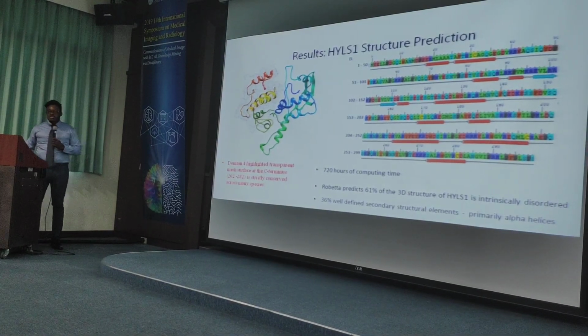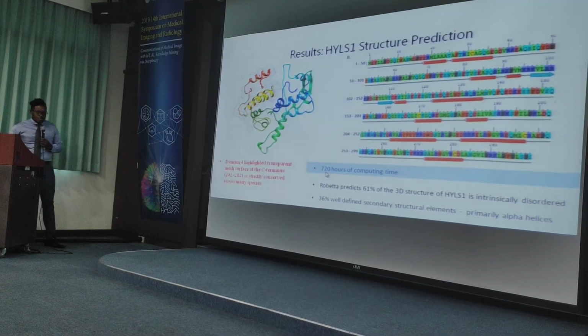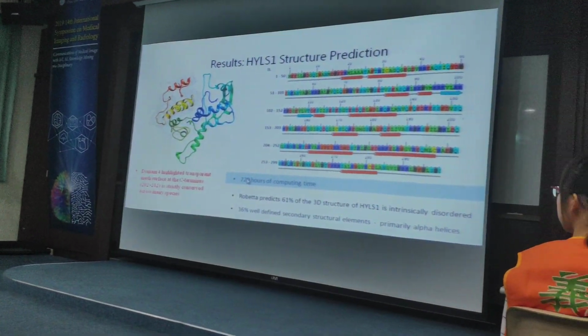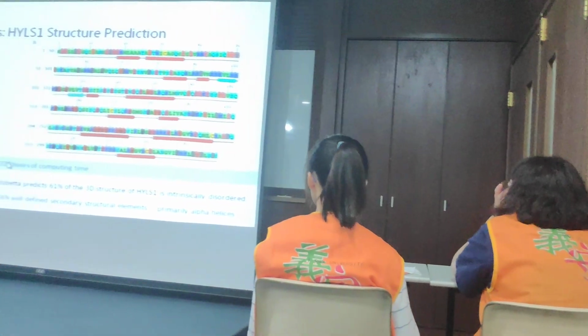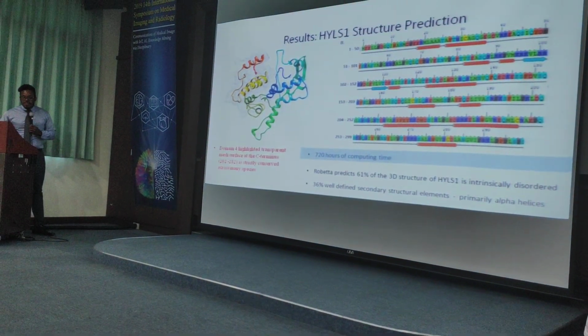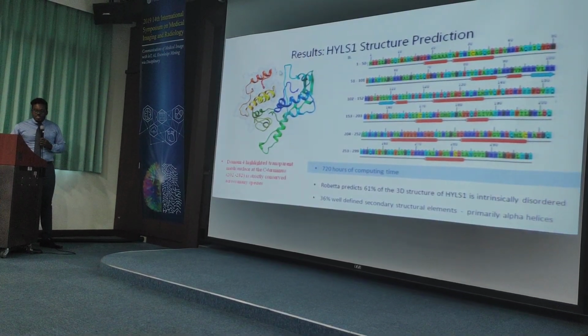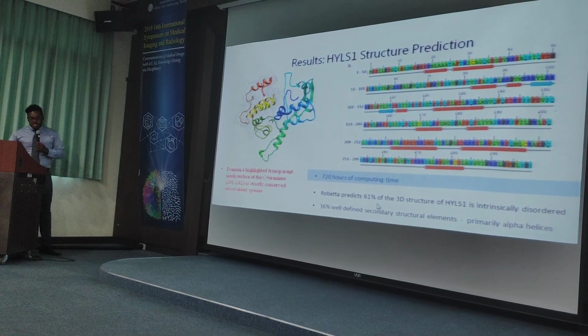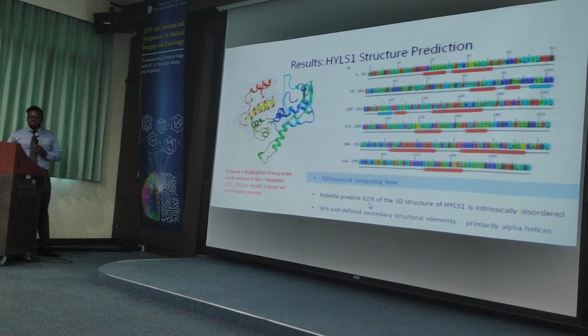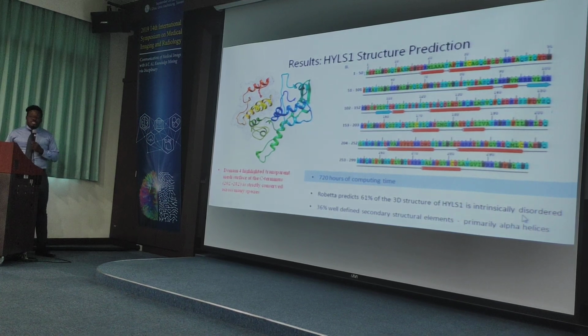So the results of this study, basically after 2 months of modeling, about almost a month and a half of computing, we ended up with this structure of HYLS on the left. What is interesting about this predictive model of HYLS is that the servers and computational methods predict that this protein has 61% intrinsic disorder.